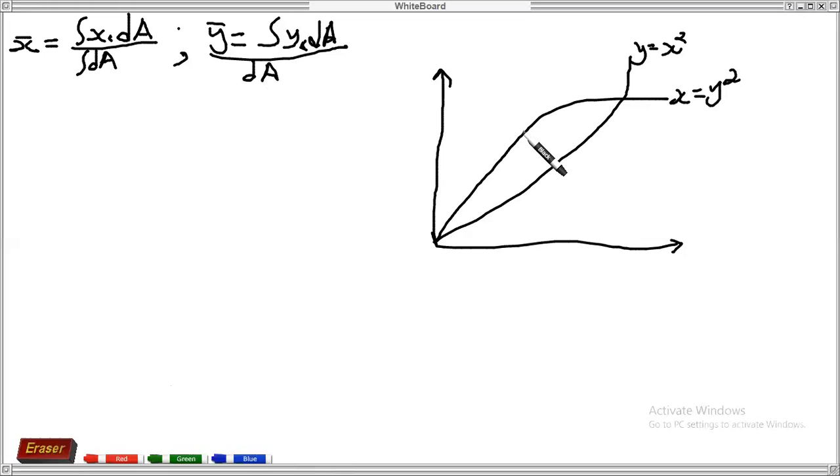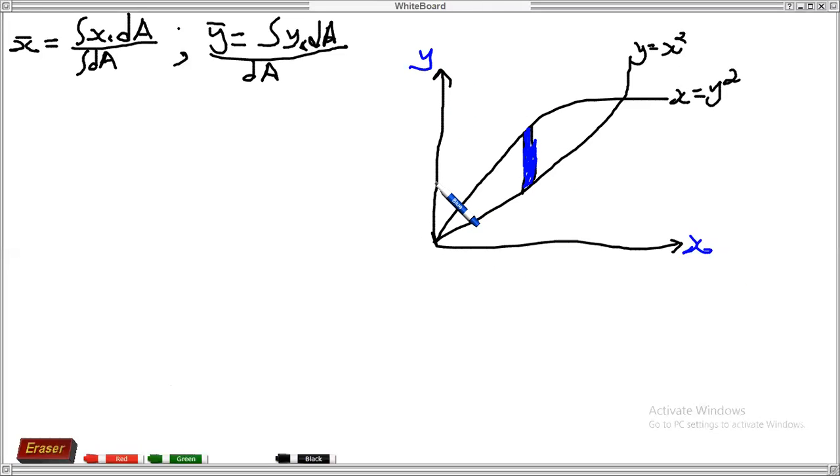You can choose an element somewhere, let's say an element here. Are you following so far? Yes, I'm. Okay. This is the element that we are going to move around so we can cover up the entire area. This is your x-axis, this is your y-axis on this side.